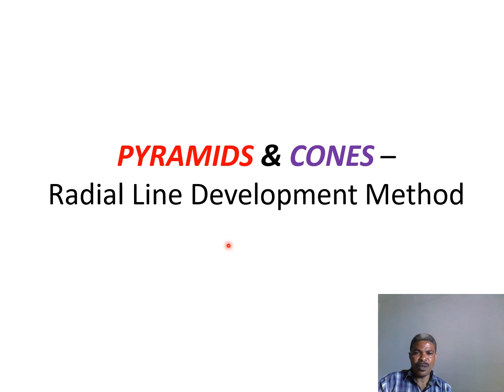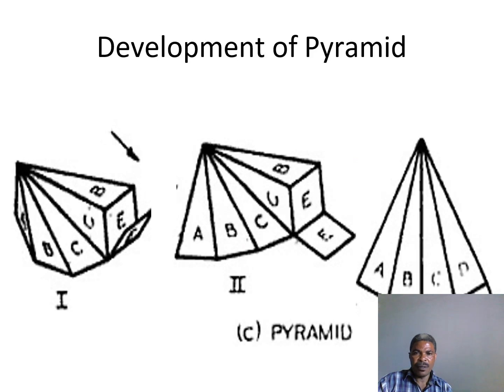So here is the radial line development method. With this case, development of a pyramid, we take the same example of wrapping plain paper around this pyramid. So when you happen now to unfold the wrapped paper, what happens?